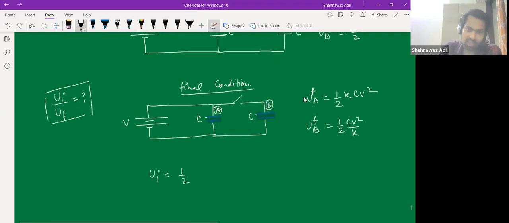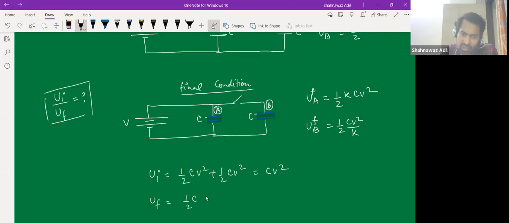Initially the energy stored is CV square plus half CV square, so this is CV square. Finally, this is half CV square K plus half CV square by K. So half CV square is common, and this is K plus 1 by K.